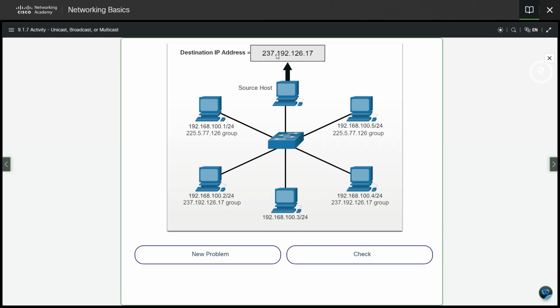Destination IP address 237. Okay, here, here, only two devices.